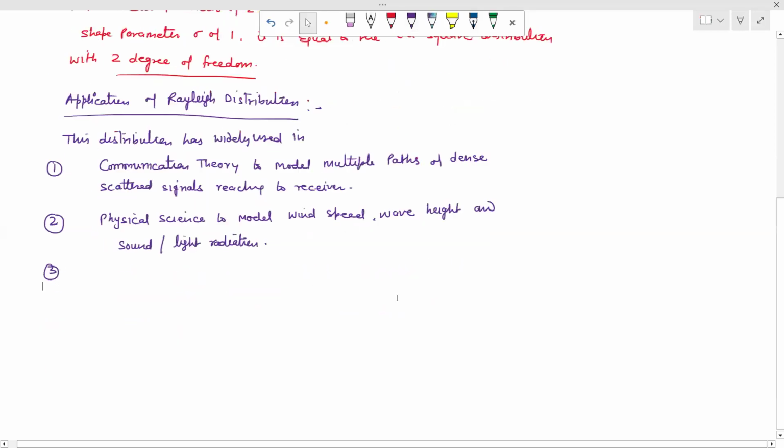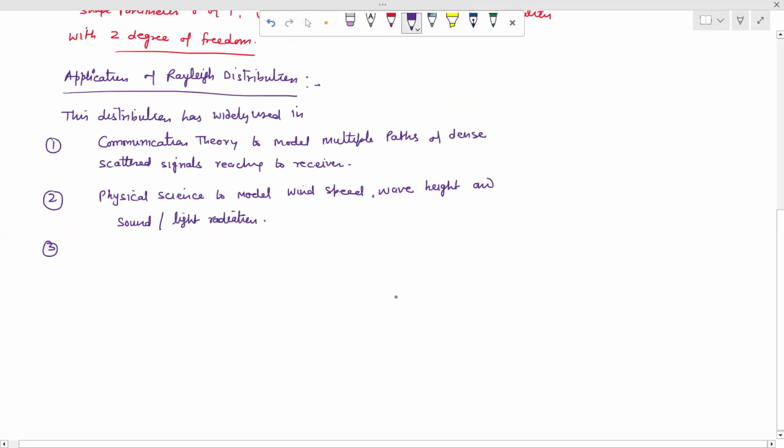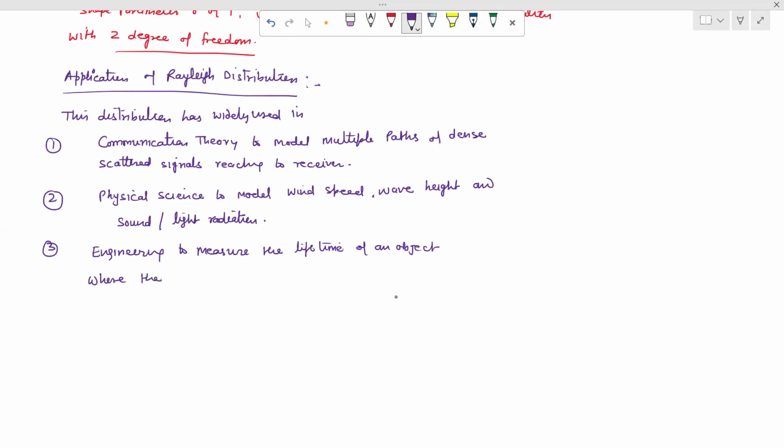Third, we can use this distribution in engineering, to measure the lifetime of an object, where the lifetime depends on the object age.